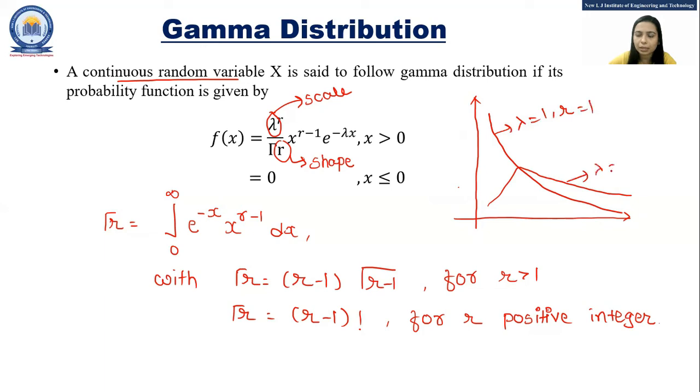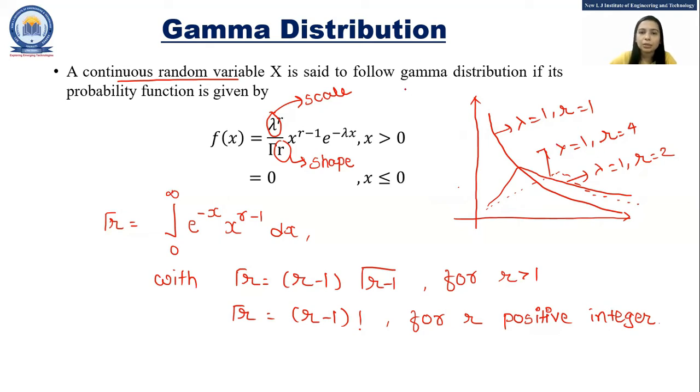This is for lambda equal to 1, r equal to 2. And one more: this is for lambda equal to 1 and r equal to 4. Here we can see that if we fix the value of lambda and increase the value of r, there is a decrease in the skewness. So this way r is the shape parameter and lambda is the scale parameter.